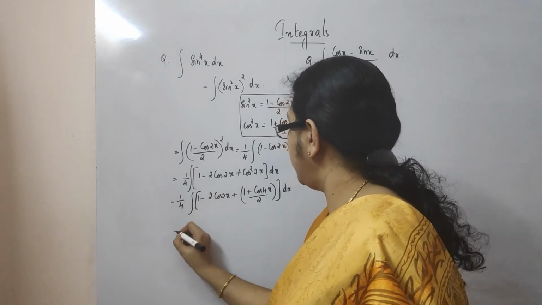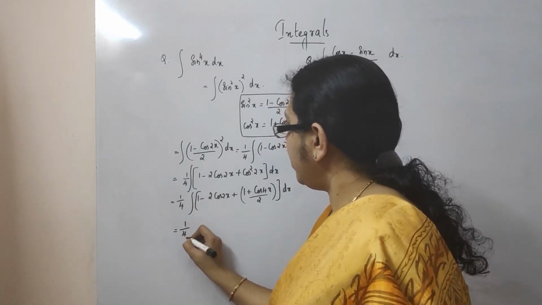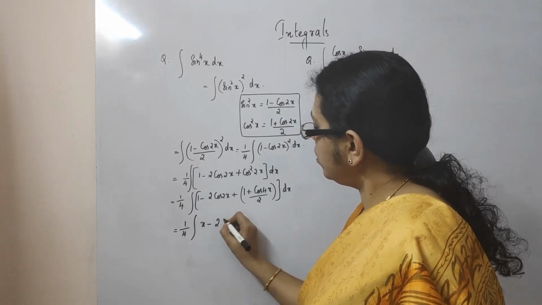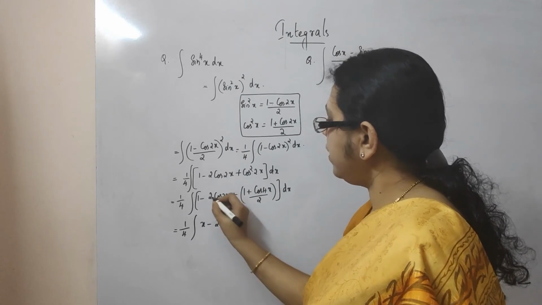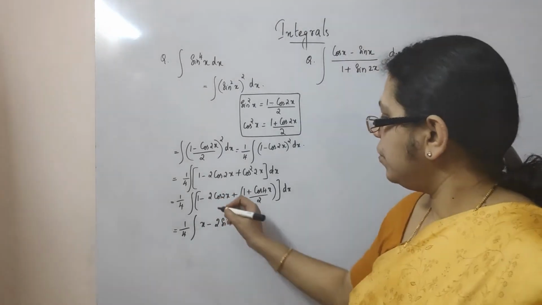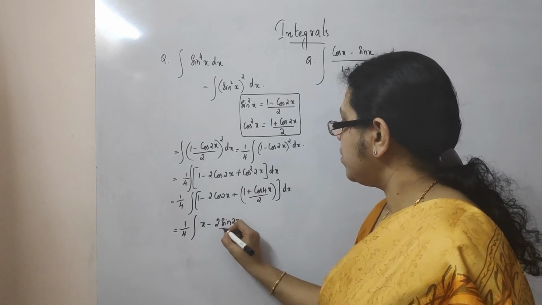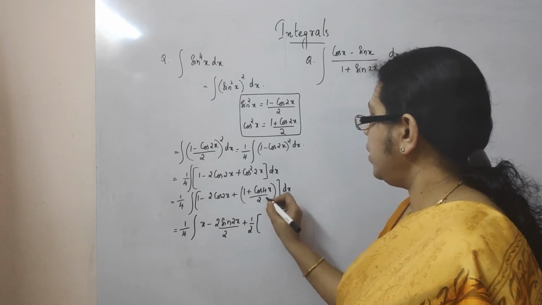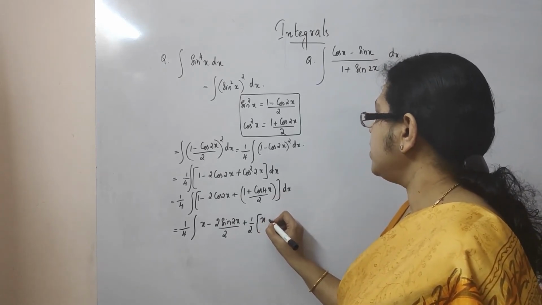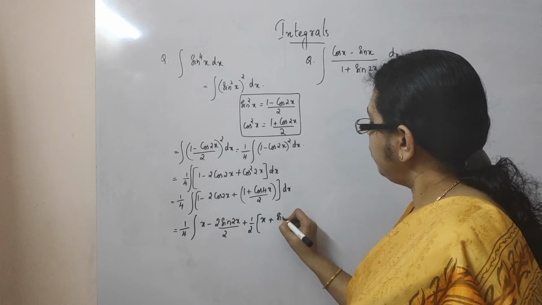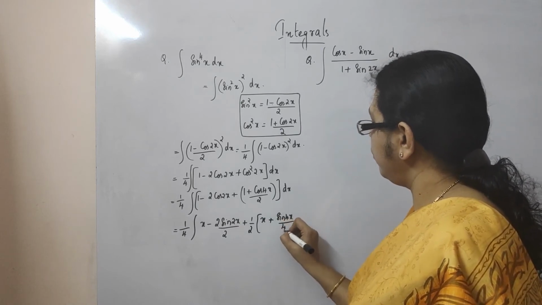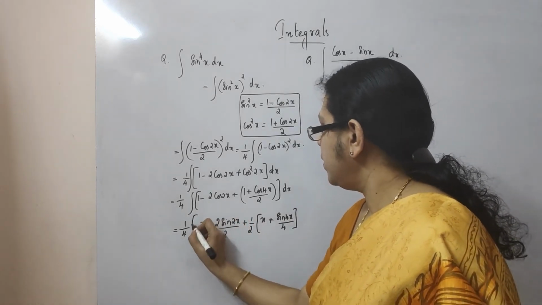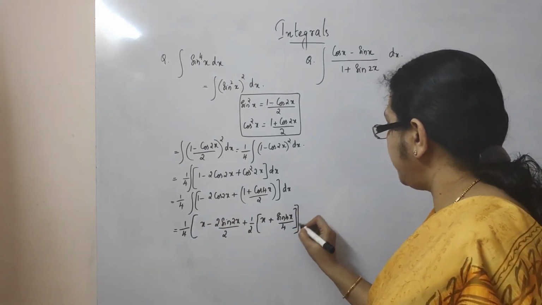So this is equal to, I am going to integrate now, 1 by 4 times integral of x minus 2 sin 2x, right? Integral of 2 cos 2x is 2 into sin 2x by 2, correct? Plus 1 by 2 is common out into x plus sin 4x by 4, correct, this is integration over, so this is brackets plus c.